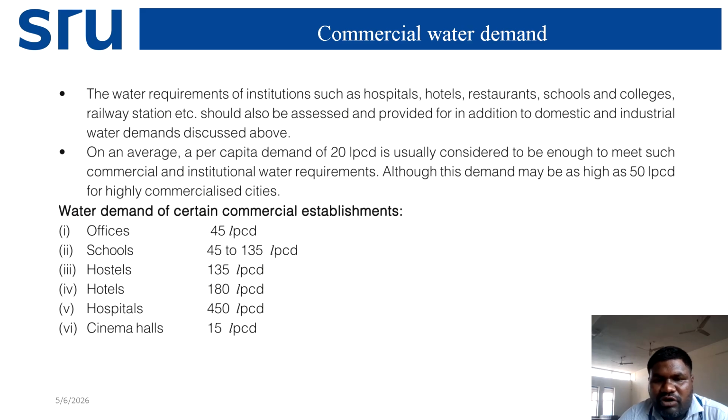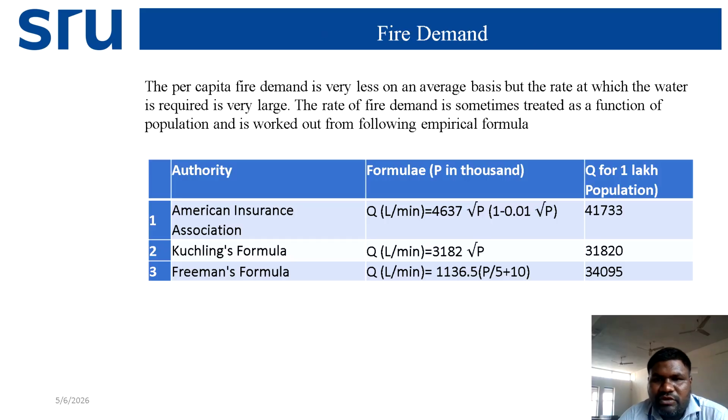A hospital requires more water, 450 liters per head per day. So apart from drinking purposes, we also estimated industrial demand and understood how much water is required. And commercial also, schools, colleges, hospitals, public gardens require some quantity of water, which we also discussed.